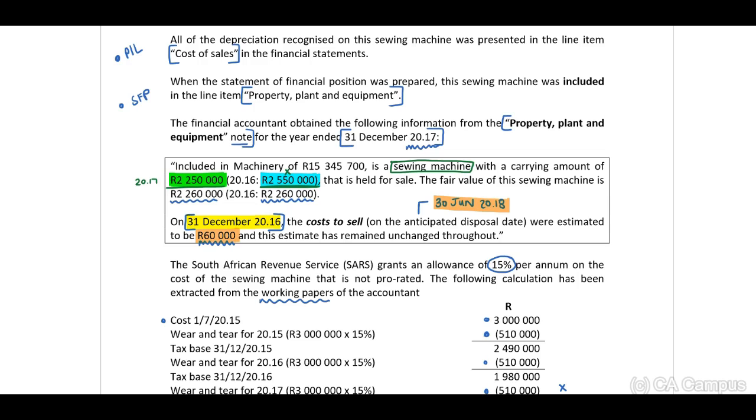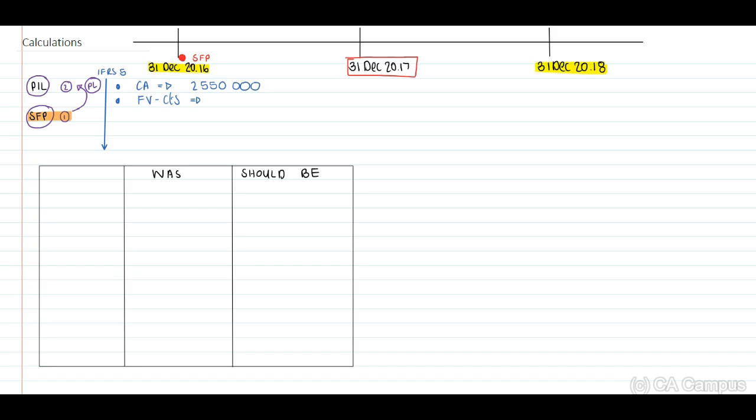We need to take this out. Therefore, in my was column, I know for 20.16 that they've got PPE at an amount of 2550000. Okay, now guys, I just quickly want to take out the circle here. This is going to confuse us.